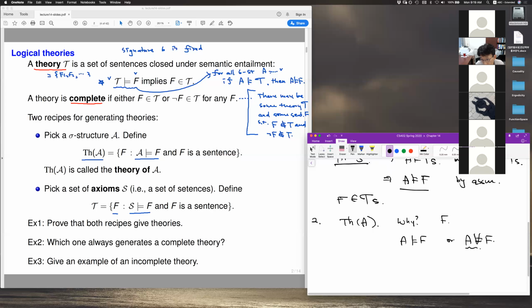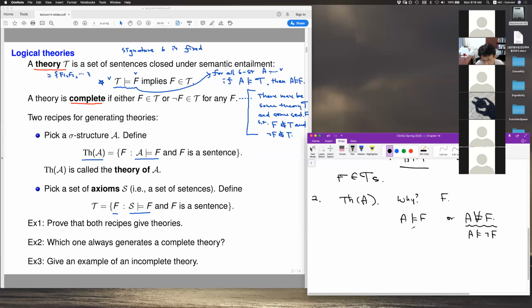But in the second case, if A doesn't satisfy F, that means A will satisfy the negation of F. So in the first case, F should belong to the theory of A, and in the second case, the negation of F should belong to the theory of A.